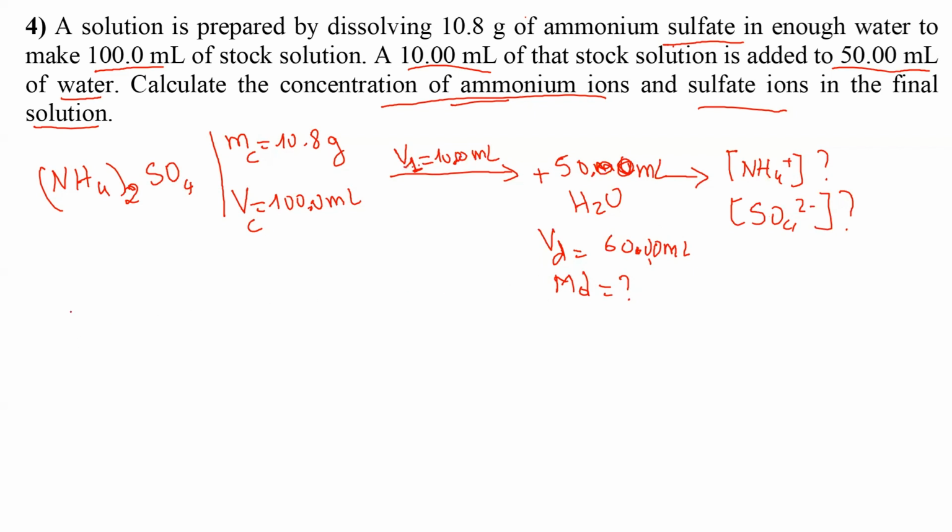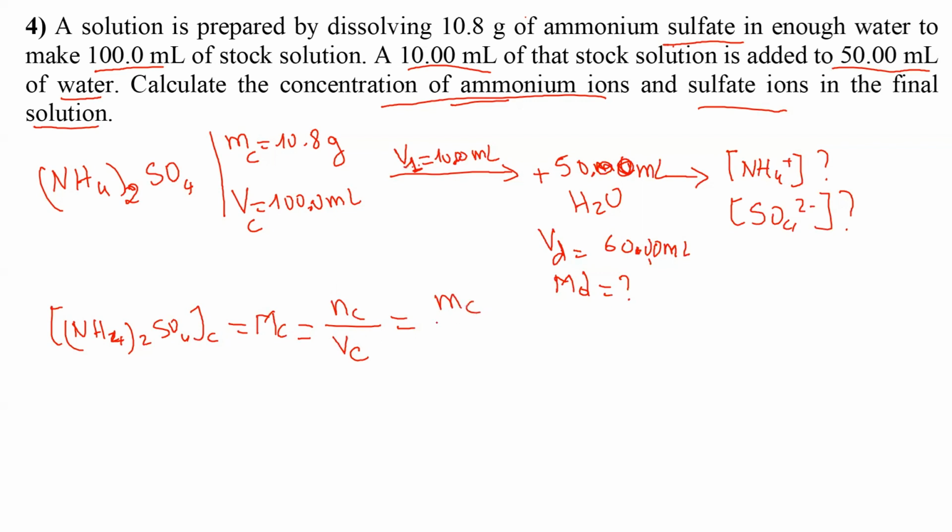So we know that the concentration of ammonium sulfate concentrated, I call it big MC, will be equal to the number of moles divided by the volume. Here the number of moles is the mass over the molar mass.